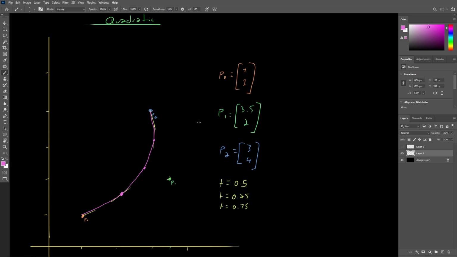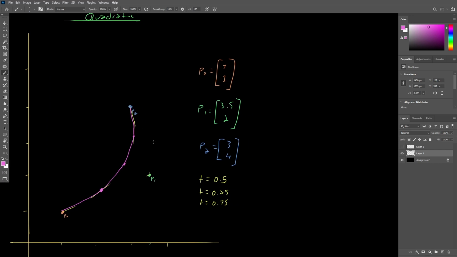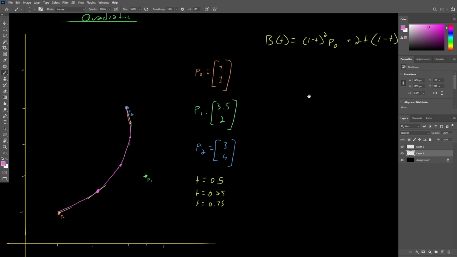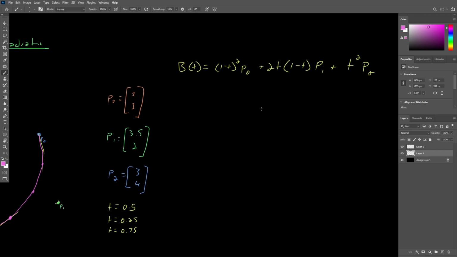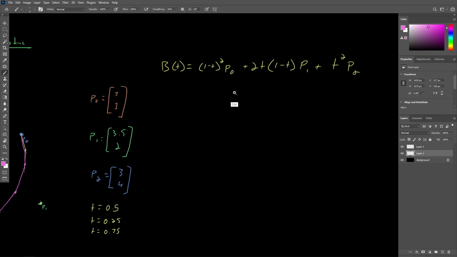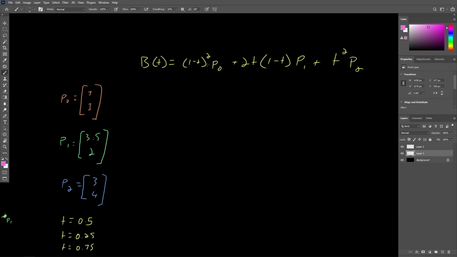And let's also compute the equation for a single point along this curve. Let's find one point, just to get some more experience with solving the equations and to see how that works. So the equation for the quadratic Bezier curve is up here already, ready to be used, right?